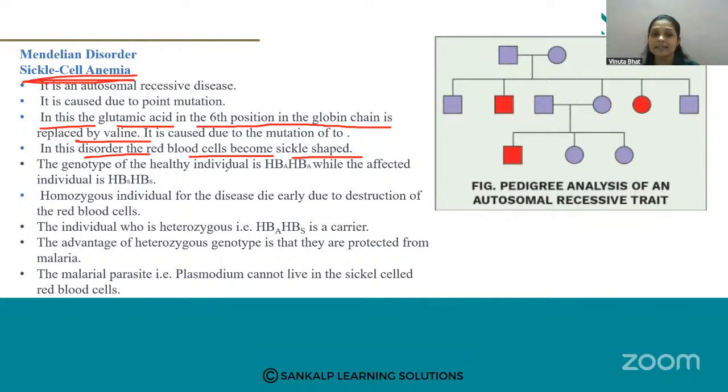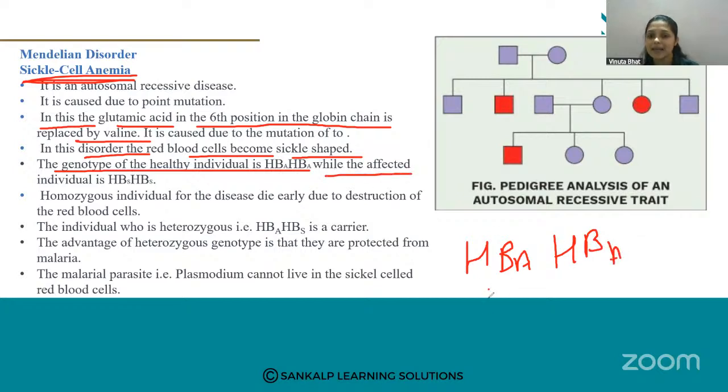The healthy individual has the HBA genes, while the affected individual has the HBS genotype.